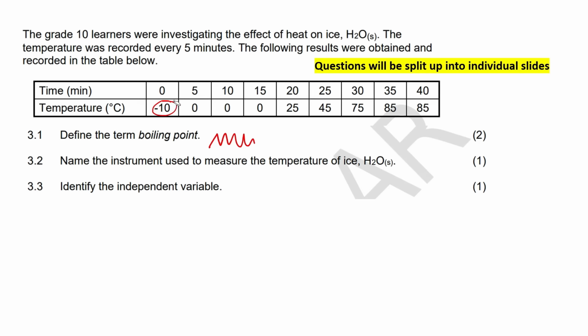So it starts at -10. Then for 5, 10, and 15 minutes, the ice is at 0 degrees. We'll talk about why that's happening. Maybe some of you know that already. And then the temperature goes to 25, 45, 75, and then it stops at 85 again.